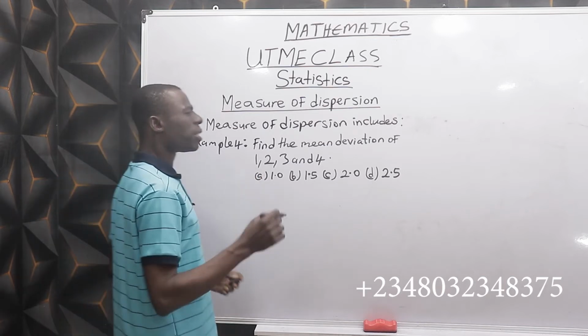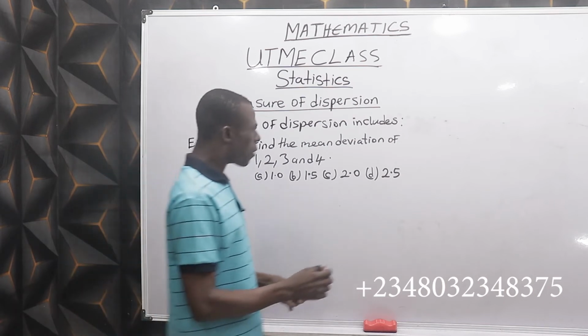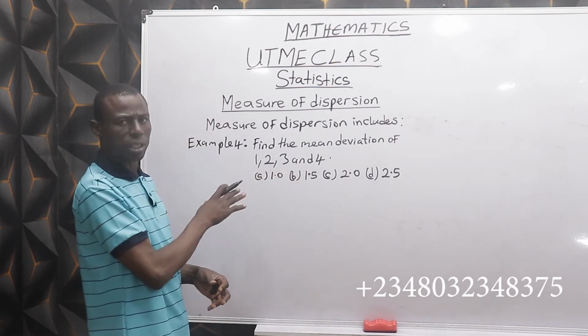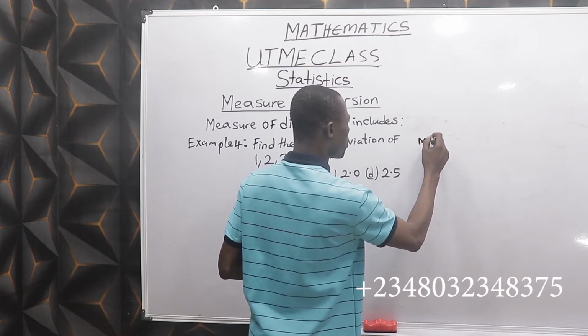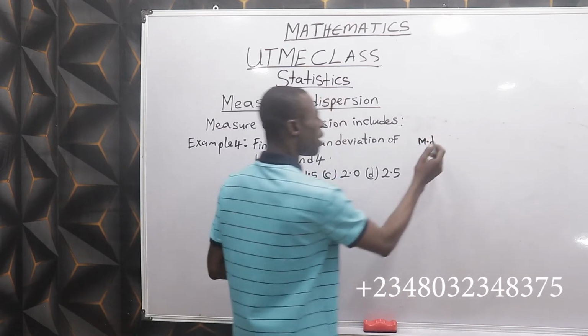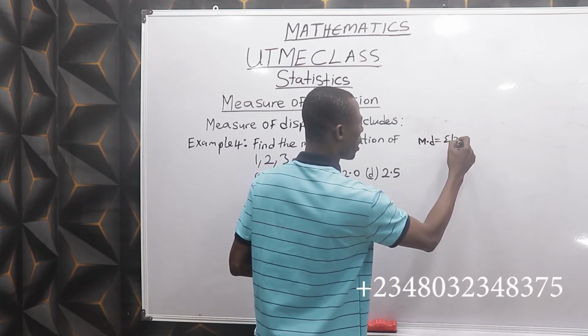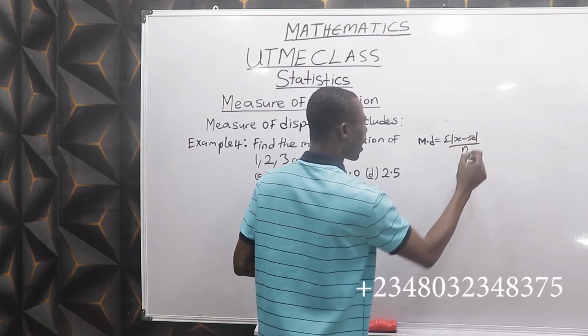Now, to find mean deviation in a distribution, if it is a non-tabulated data like this, mean deviation, let me use MD to represent it. Mean deviation is summation of |x minus x bar| over n.